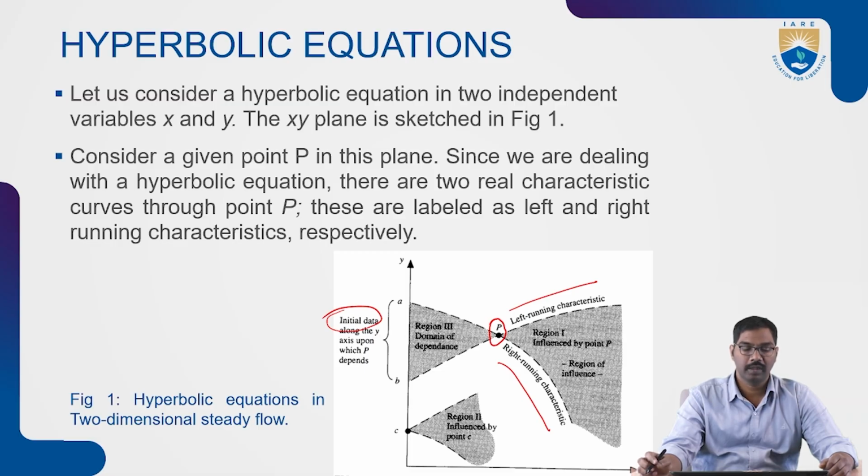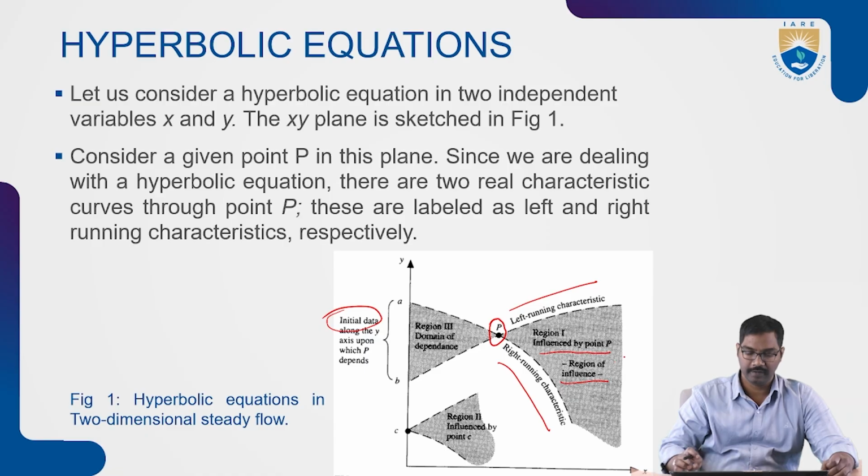Based upon these, if you extend the right running and left running characteristics before the point P and after the point P, we will have certain regions which show the importance of these characteristic lines. Region 1 is influenced by point P, so we call it the region of influence.